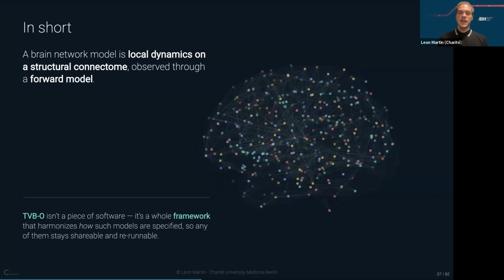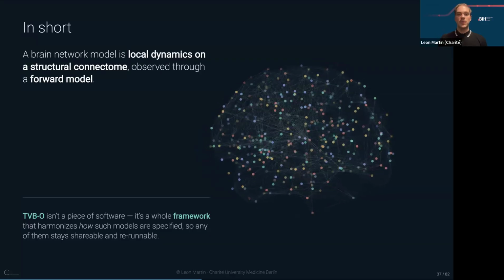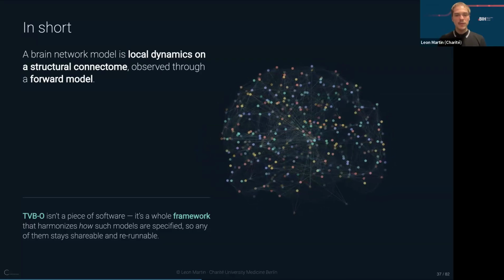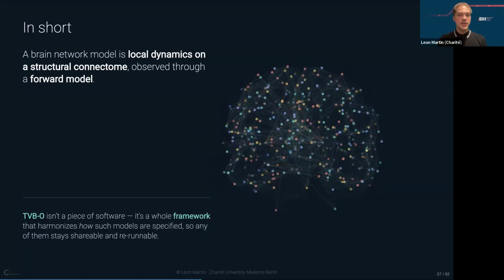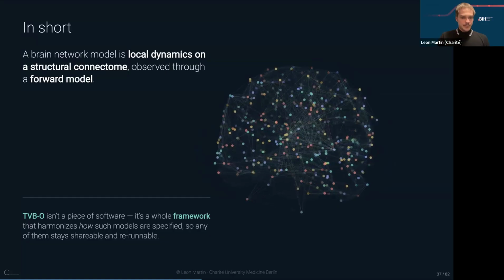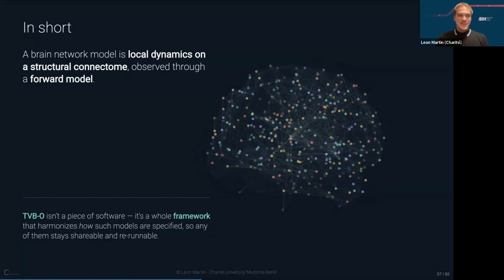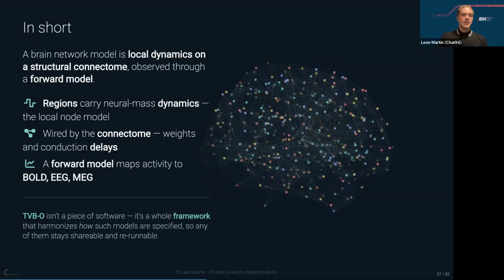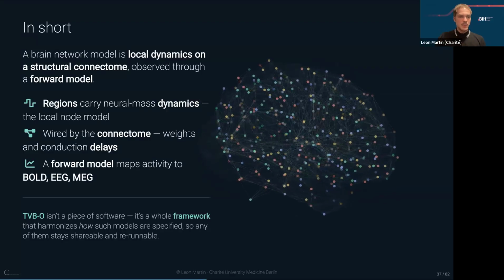And we observe the activity through a so-called forward model to compare it with our observations from empirical studies. So we have regions, the connectome, and the forward model.